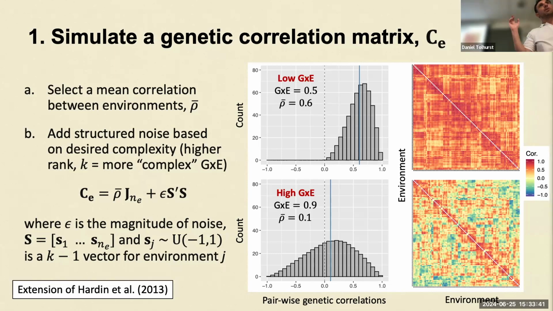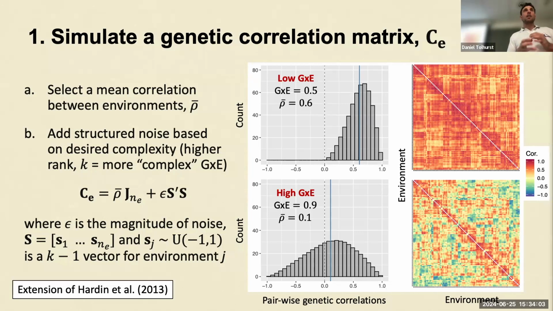So there's a lot more of what we call re-ranking, G by E, because if you've got two environments which have a correlation of 1, there's no re-ranking, as I was saying before. But if you have a correlation of, say, -1, you've got perfect re-ranking, a reshuffling of them. So what we're doing here is simulating some correlation matrices, and we can see the distribution of those pairwise correlations at the top.